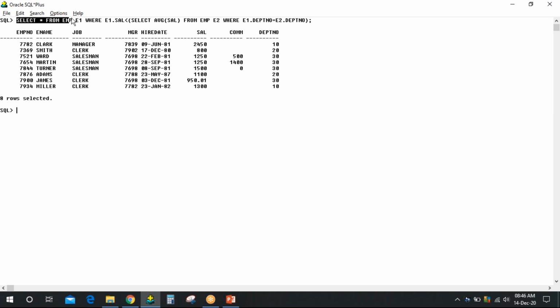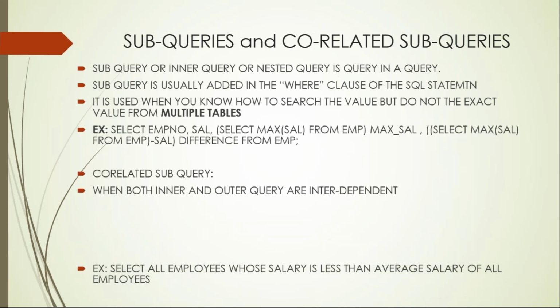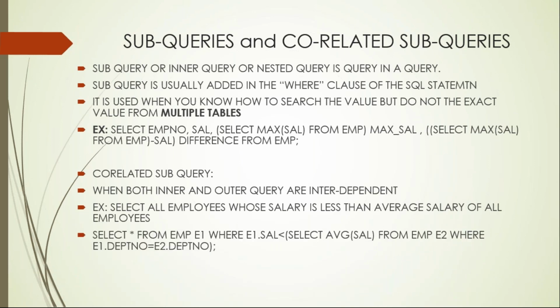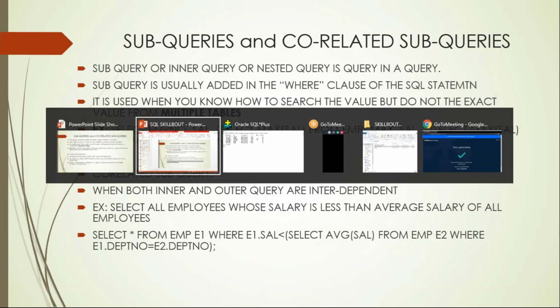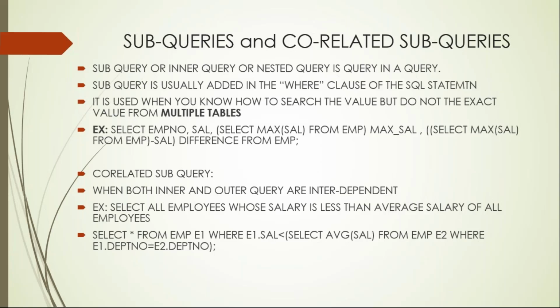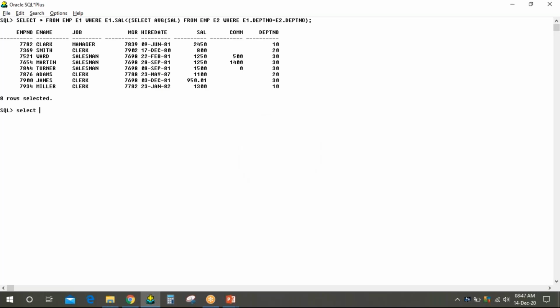This is also executing, and this is also executing by using a join. I made it a little complex, but if I really want to execute this query, what is important is: select all employees whose salary is less than the average salary of all employees. I can execute it in a different way also.